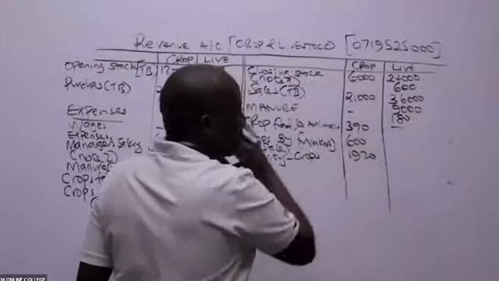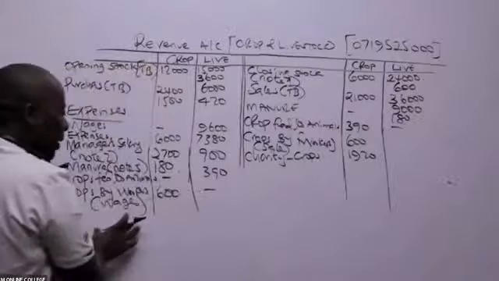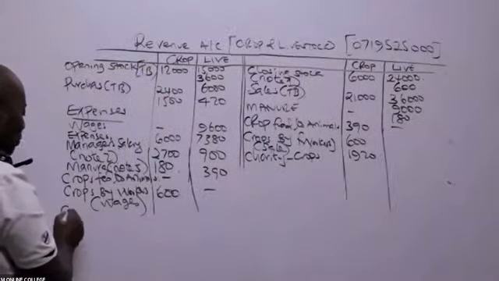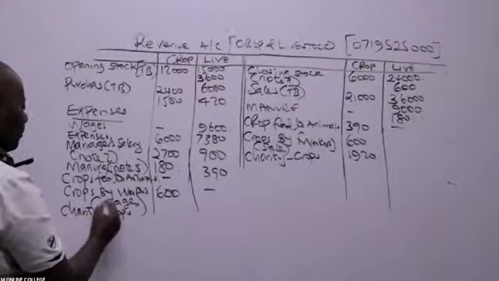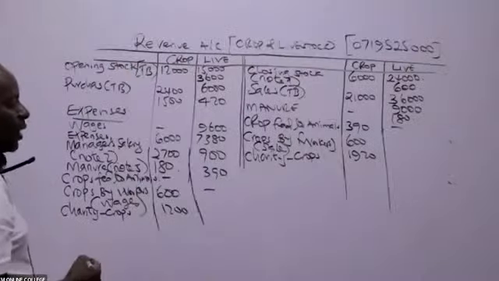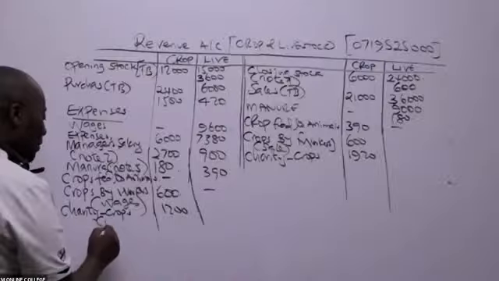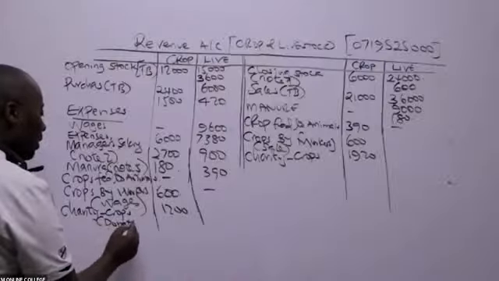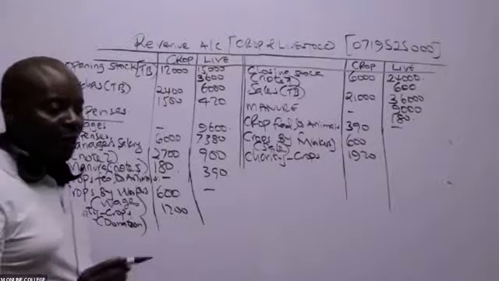Our figures are in thousands, remember. This is a donation which has to be expensed here. So charity crops, and then we have 1,200. Is it livestock that we donated? If I were you, I would write in brackets here, donation, and I can even write the note number.